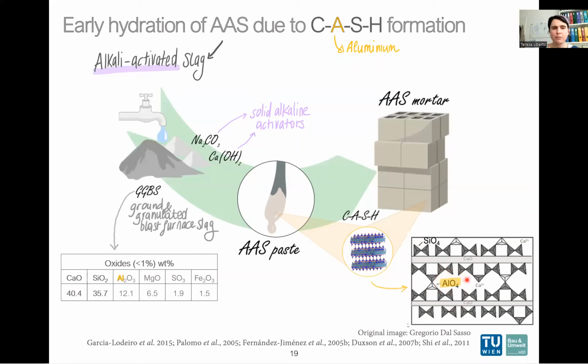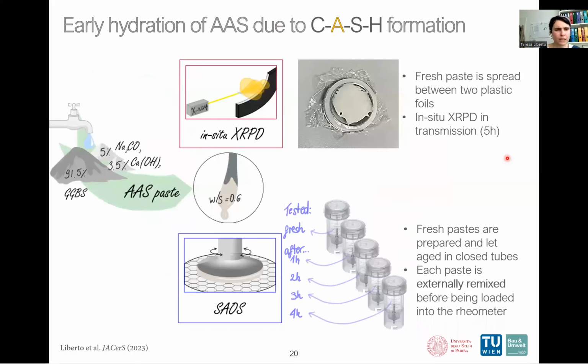So it's a very similar process, but in that case we are considering a low calcium binder, which is a bit slower than OPC and allows us to have more time to measure and predict the physicochemical behavior. So what we did is make an alkali activated paste with this quantity of GGBS and activators.